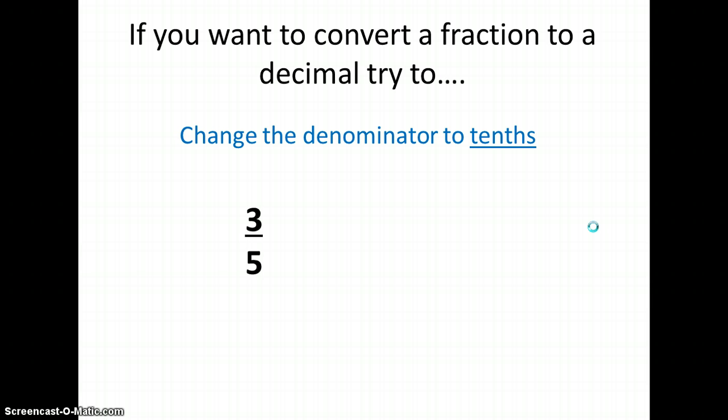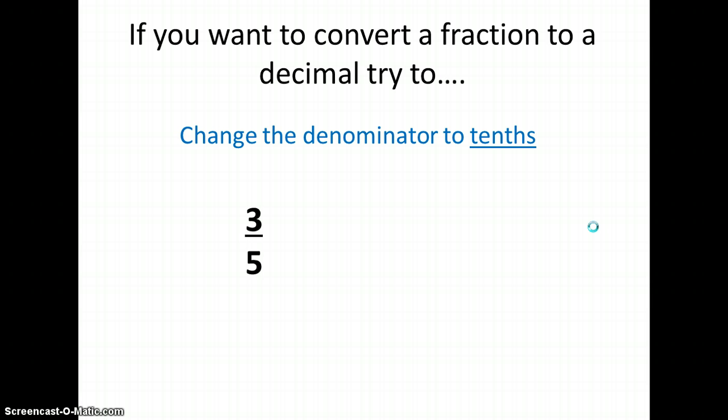If you want to convert a fraction to a decimal, you don't need a calculator. You can do this very easily by changing the denominator into something that we know as a decimal. For example, tenths. If I were to take 3/5 and turn that into a decimal, I would convert the denominator of 3/5 into a 10, 100, 1,000, something that's easy to read as a decimal.